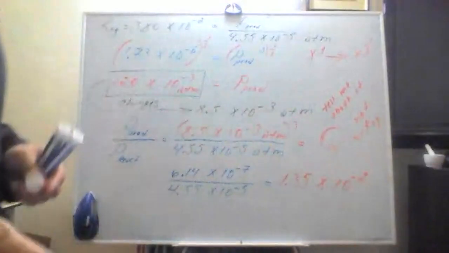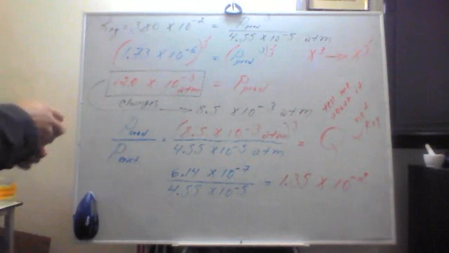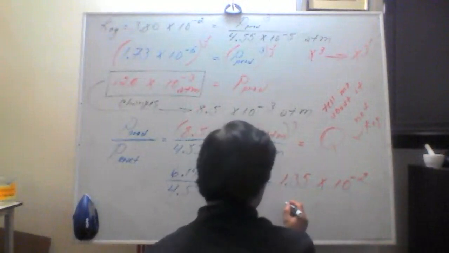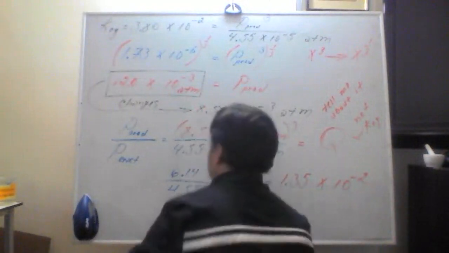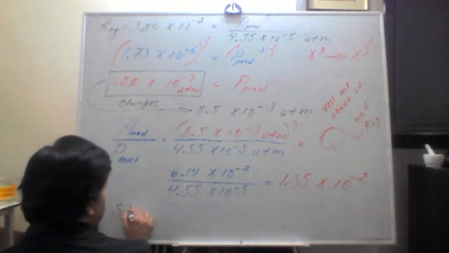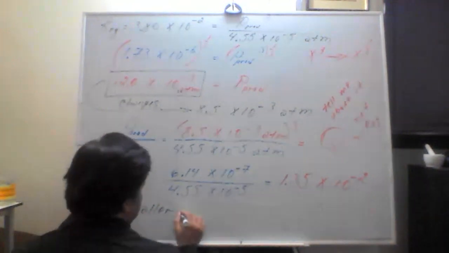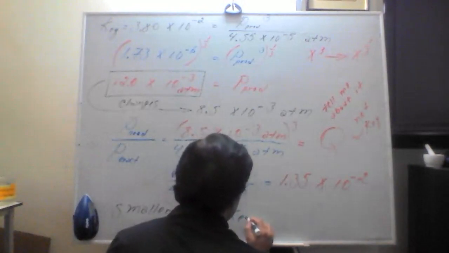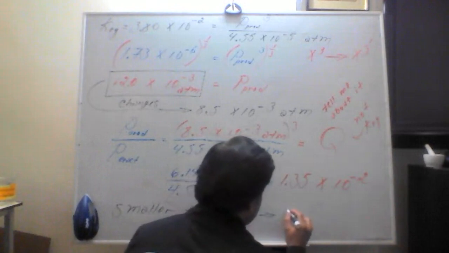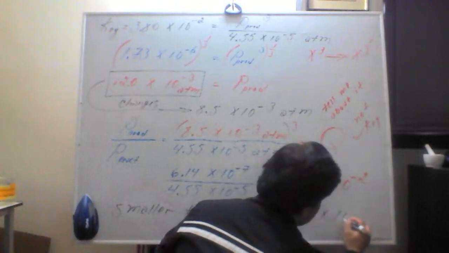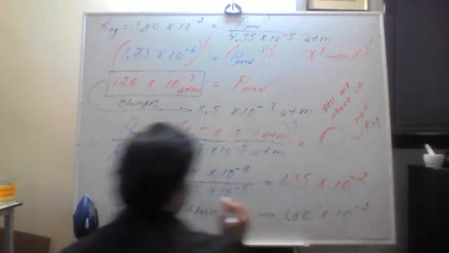Now compare it to the K equilibrium, 3.80 times 10 to the minus 2. It is smaller than K equilibrium, which is equal to 3.80 times 10 to the minus 2.